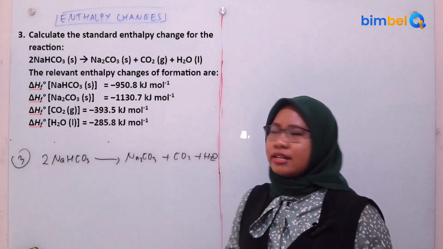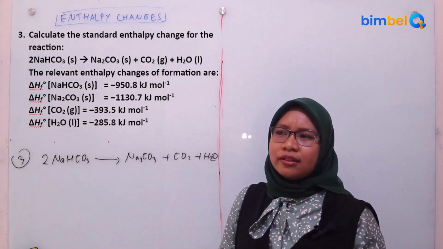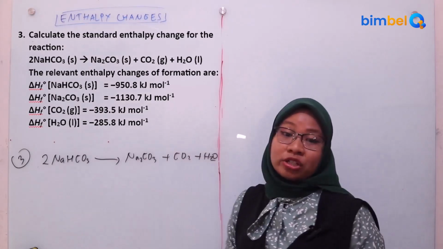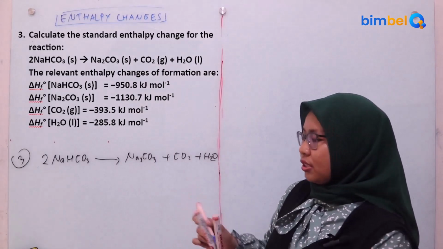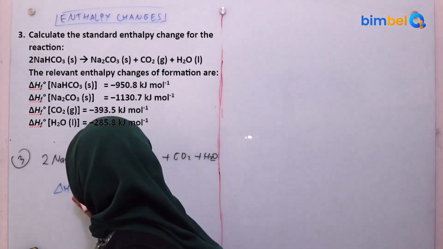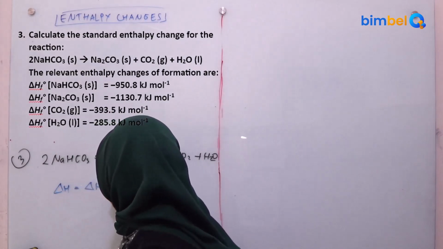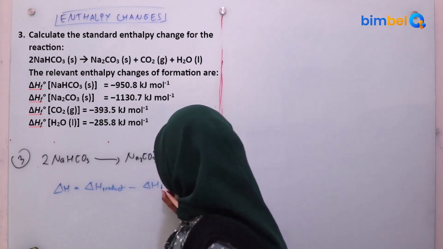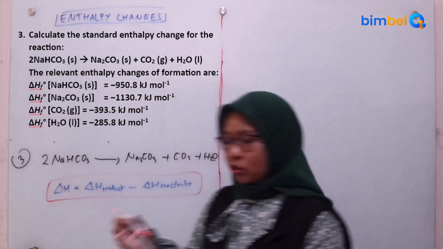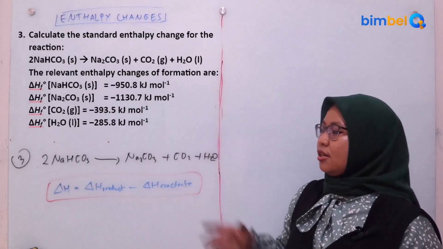Actually, you can calculate the enthalpy change by first drawing the Hess cycle, but I can tell you the easiest way to do this calculation. You can just use this simple formula: delta H equals delta H of the products minus delta H of the reactants. You can use this formula to calculate the enthalpy change of this reaction.